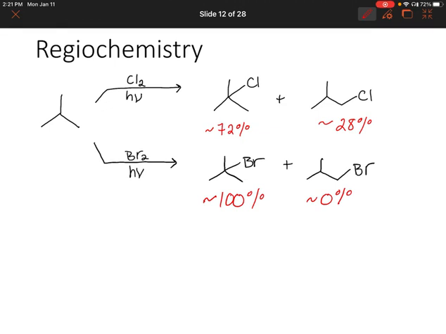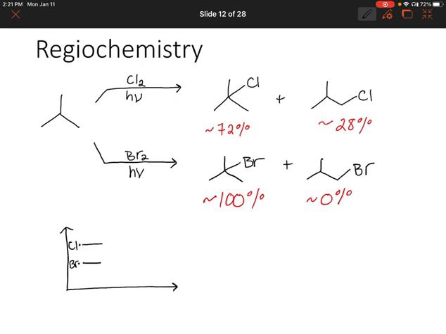Well, it has to do with their stability. So if we look at an energy diagram, bromine is more stable than chlorine. So let me just write the bromine radical is more stable than the chlorine radical.